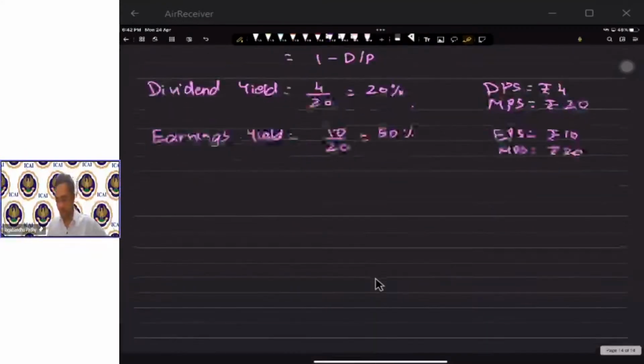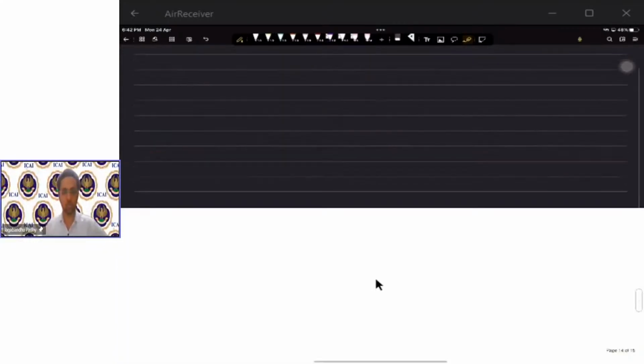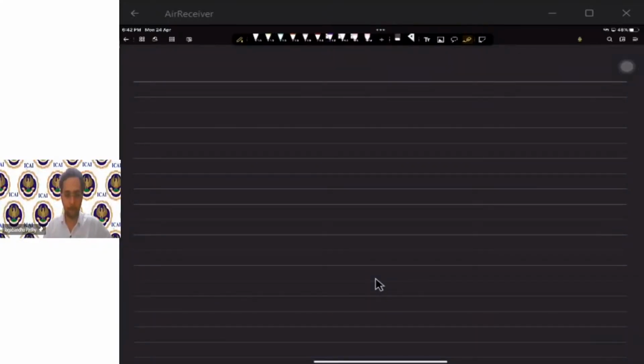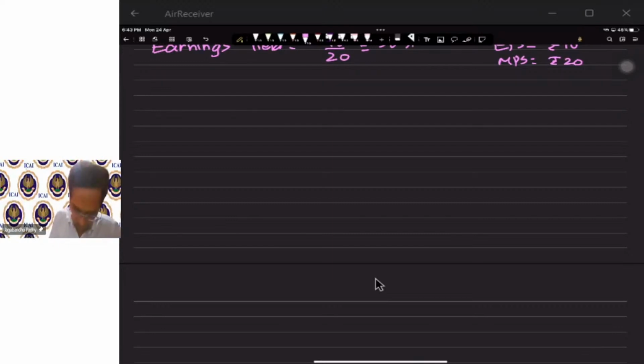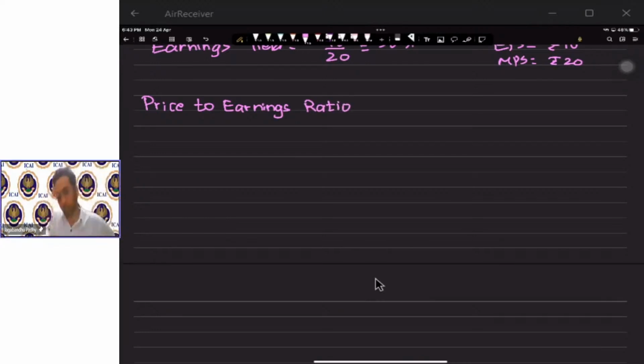Okay, now let's look at the next ratio, which is the PE ratio, the price to earnings ratio. MPS is market price per share.